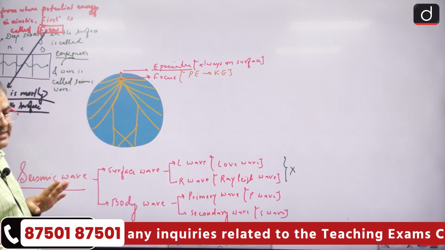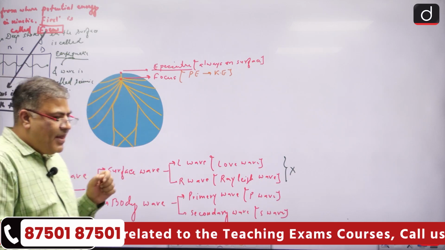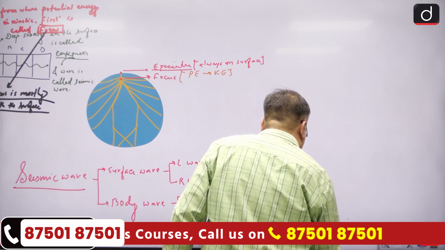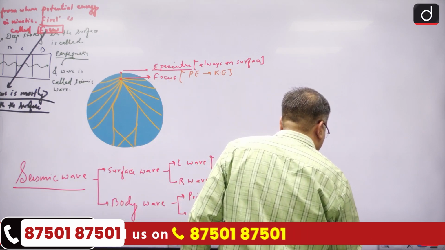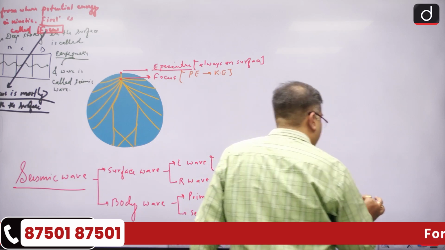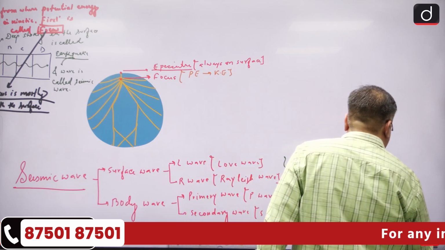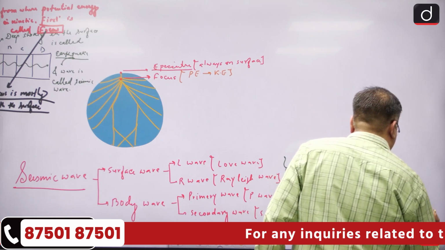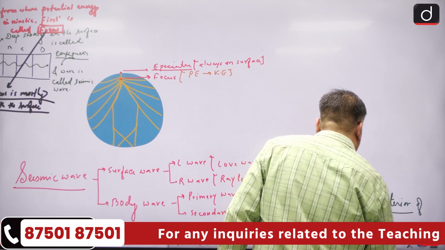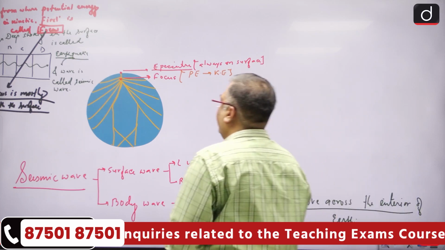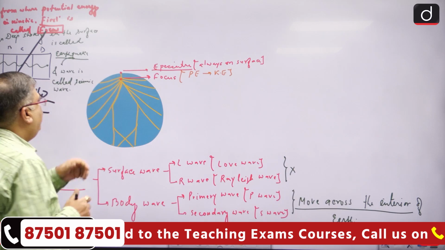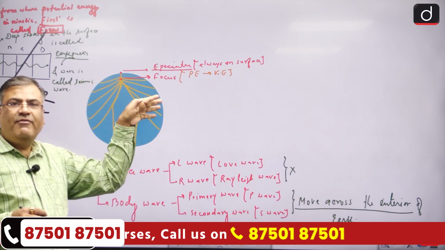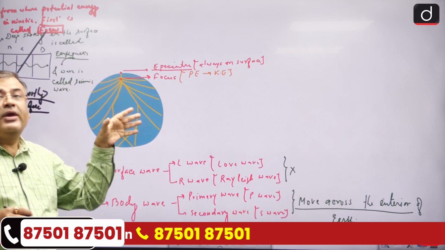Now, P wave and secondary wave are those waves which move across the interior of Earth. It means the yellow lines are actually showing how the P wave and the S wave will propagate.